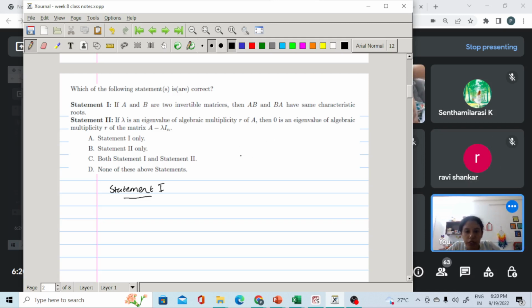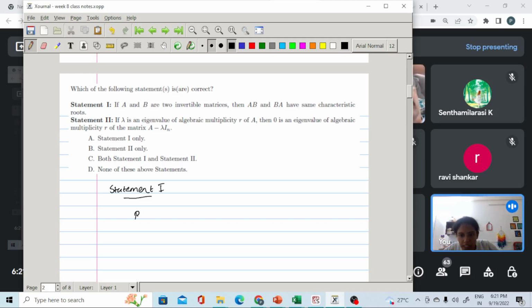But what about two similar matrices? If I take any two similar matrices, do they have the same characteristic root or not? Similar matrices have the same characteristic roots. Yes. So let us see whether AB and BA are similar or not.